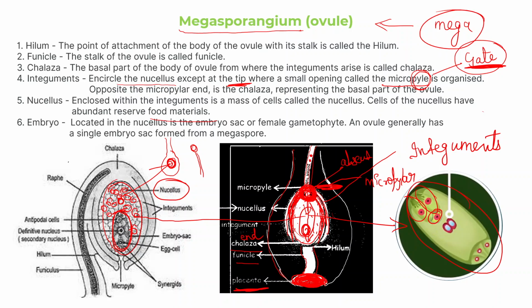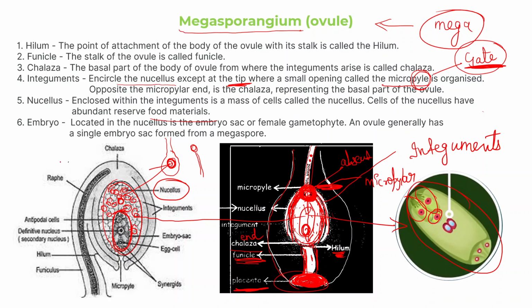The portion where the nucellus mass and the stalk are attached is known as hilum. It is the point of attachment of the body of the ovule with the stalk. This is a stalk called funicle and this is our placenta. So this is what the whole ovule structure looks like.